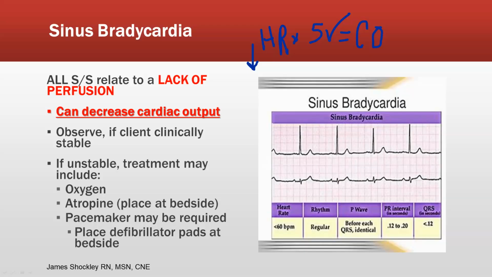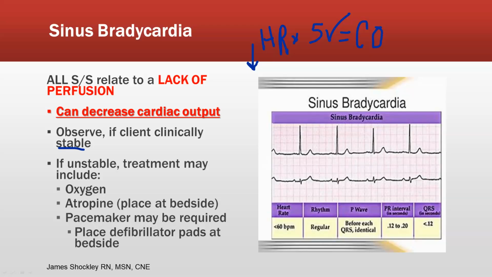So we know that if I have a change in heart rate, one of the things that's going to happen is your body is going to try to compensate. You can either compensate through increased blood pressure, increased respiratory rate. We want to be able to maintain a normal, stable cardiac output. And again, there's that word stable. So if it's a world-class athlete and their heart rate is 50, I don't care.